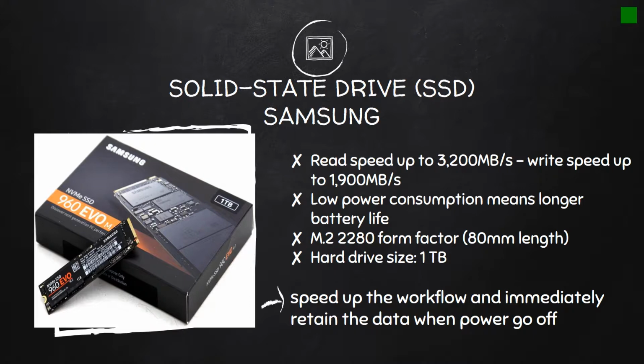This will help increase the processing speed. Moreover, in order to store an enormous amount of high-resolution images, especially high frame rate animation videos, a 3D artist necessarily needs to be fitted out with 1 terabyte of SSD storage.